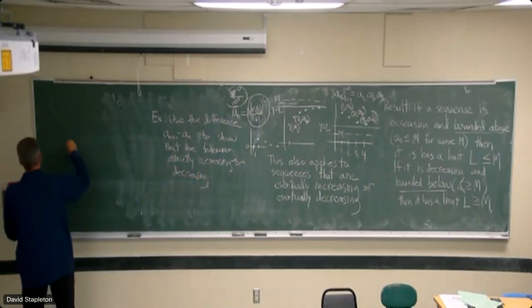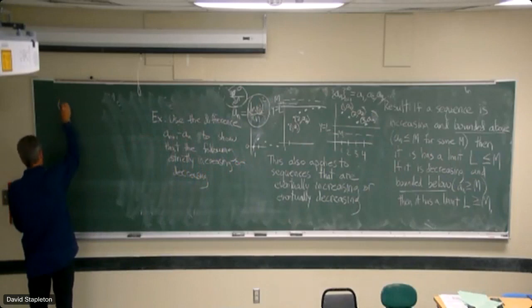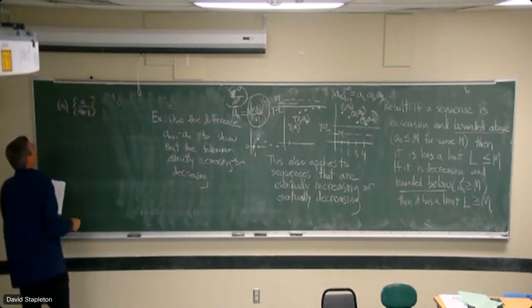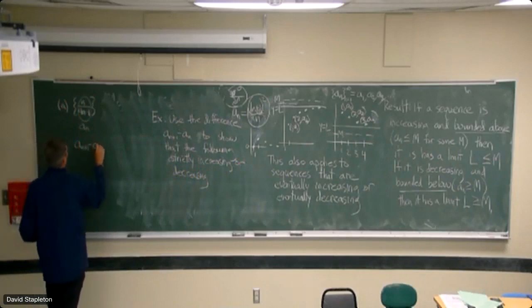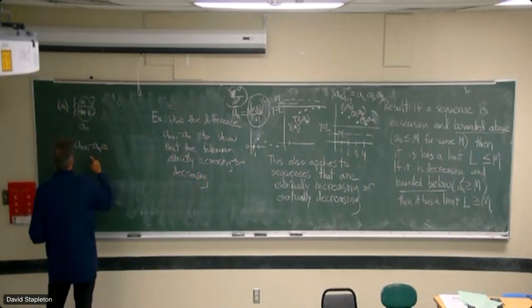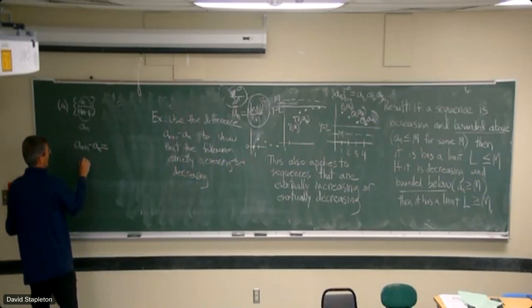So we could do this one: the sequence n over 4n minus 1. Write it like that, that's a_n, and use a little algebra. Say a_{n+1} minus a_n. How do you calculate a function at n plus 1?